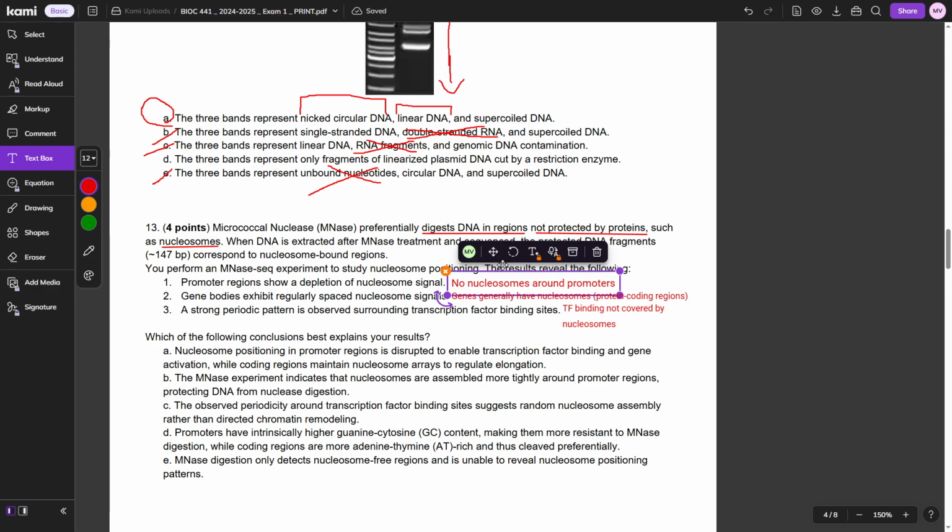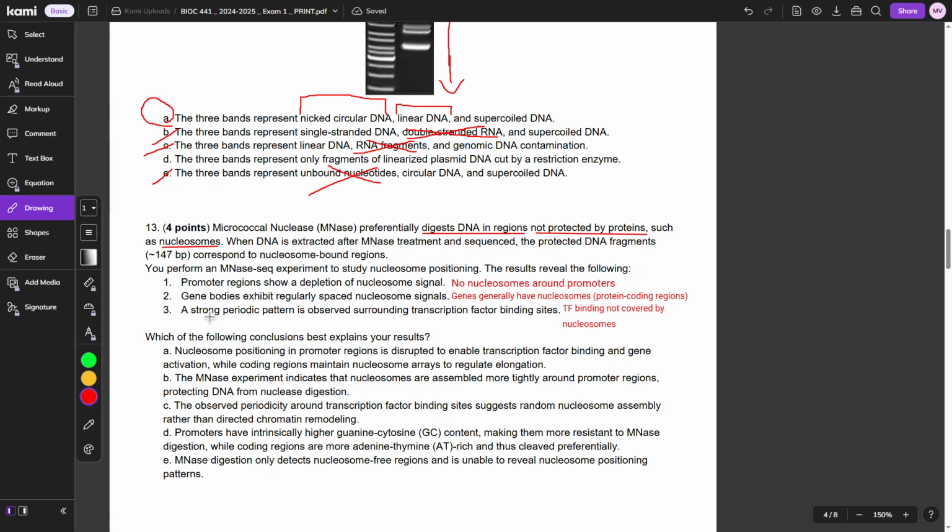it basically tells me that there's a lot of cutting going on around these transcription factor binding sites, which means that they're probably more exposed than these gene bodies, for example, because these gene bodies are regularly spaced with nucleosome signals. So I expect that these are a little bit more free and able to be cut by the MNase.